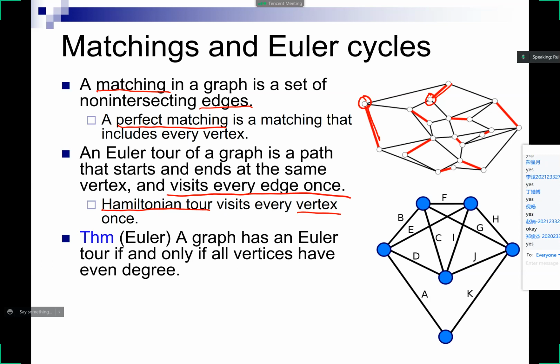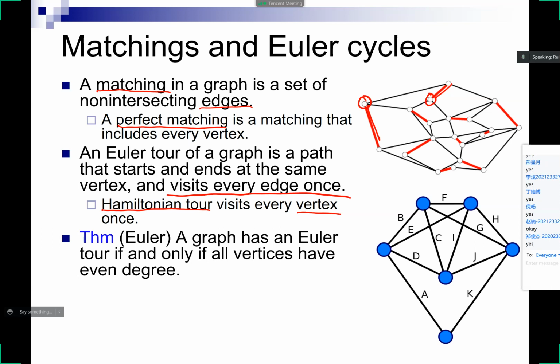In fact, we have a way to characterize when a graph has an Euler tour. Some graphs might not have one, since it might not be possible to visit every edge once, but we have an exact characterization. This is a theorem due to Euler, a Swiss mathematician from about 200 years ago, sort of the founding father of graph theory.